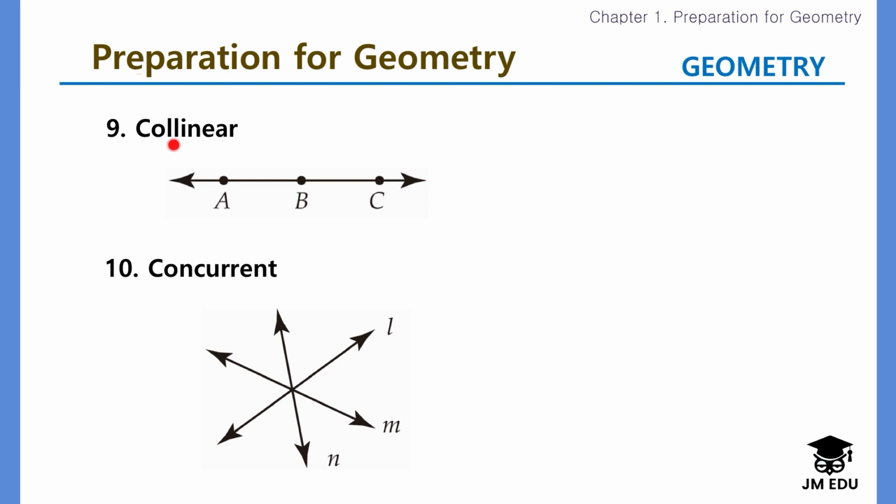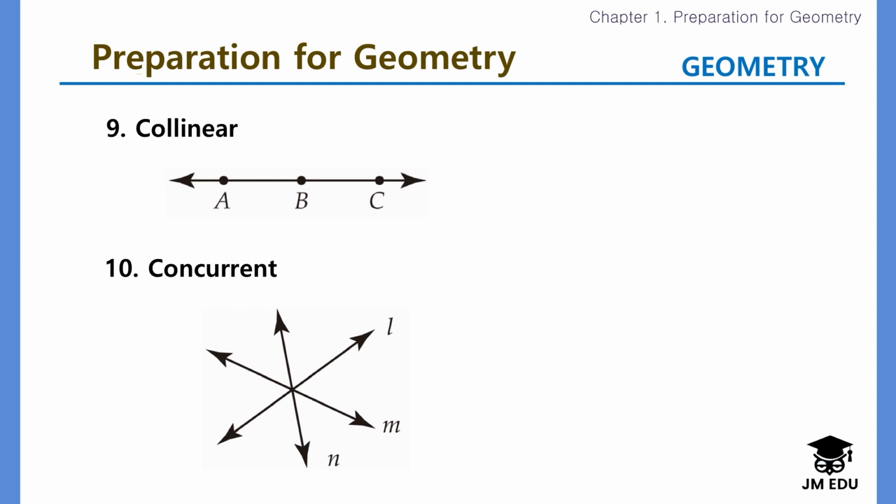Number 9, collinear. If 3 or more points lie on the same line, then we say these points are collinear. So for number 9, we have 3 collinear points, A, B, C. Number 10, concurrent.